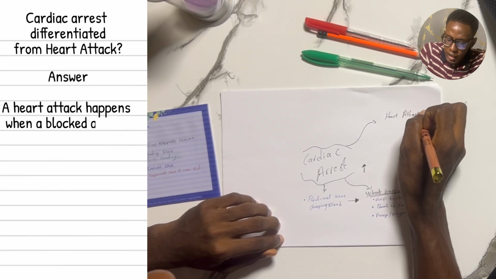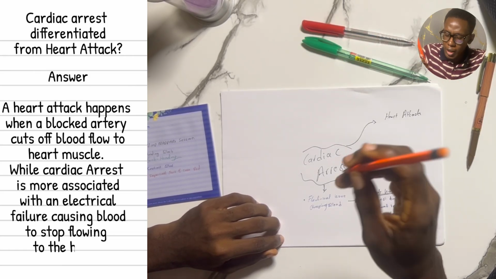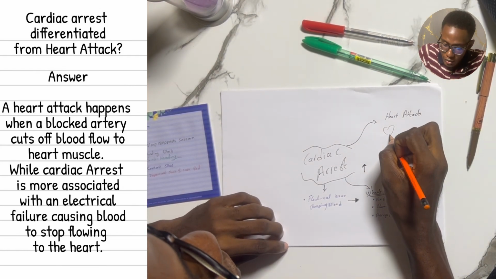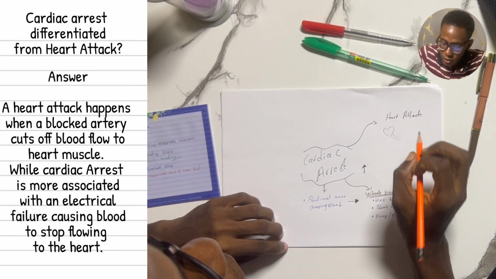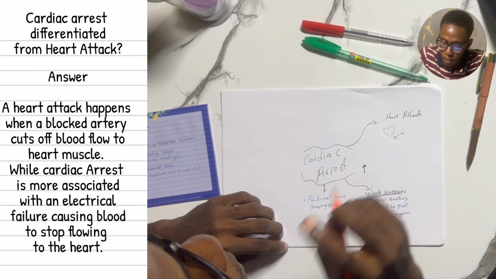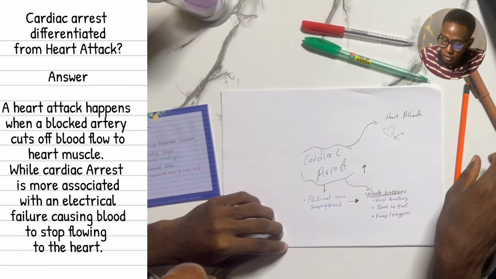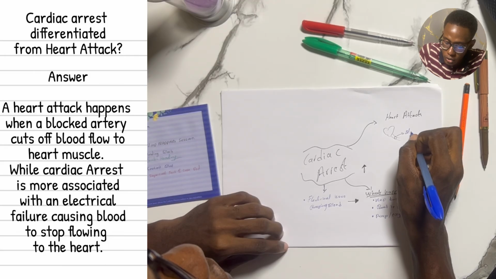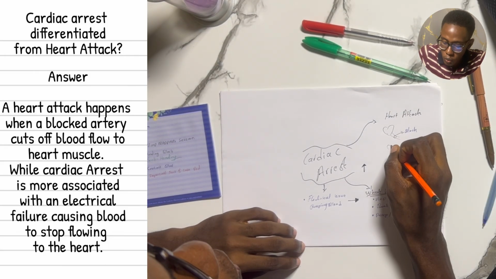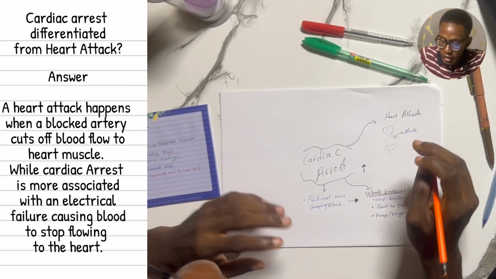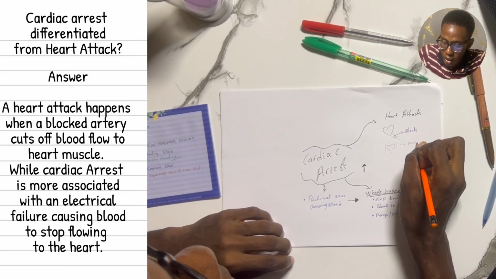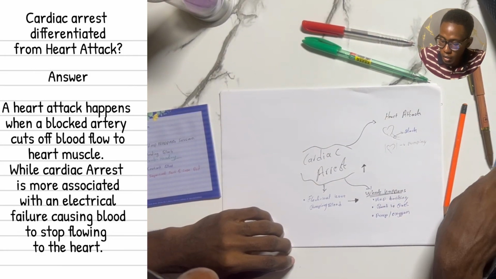A heart attack generally is when, I'm going to just draw a nonsense diagram here, let's say this is a heart, when the arteries to the heart muscles are blocked. So that's what leads to a heart attack. While a cardiac arrest is when there's an electric issue in the heart that stops the heart from pumping blood to other parts of the body.